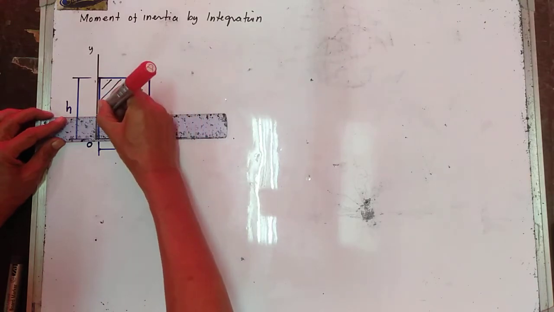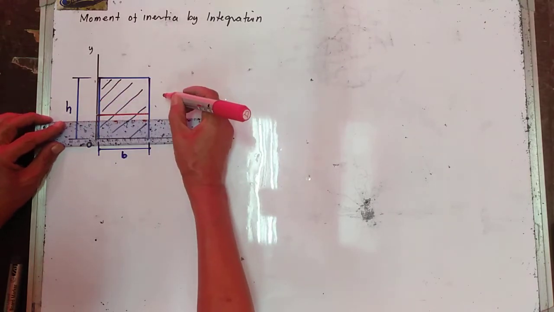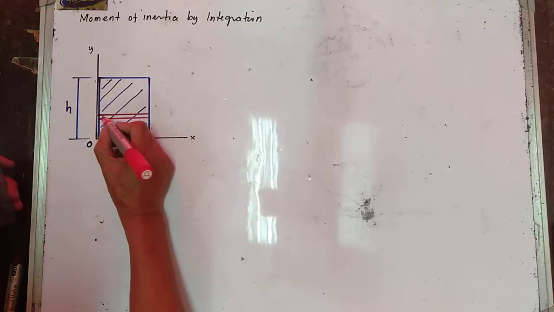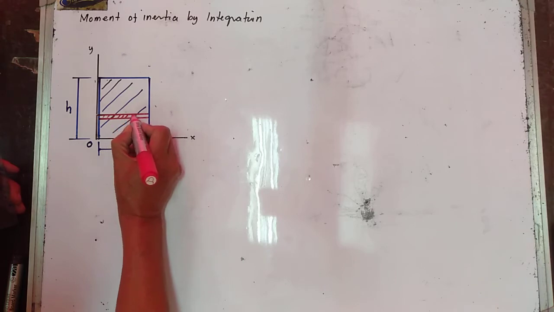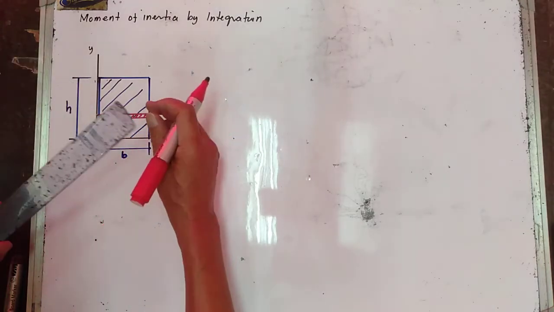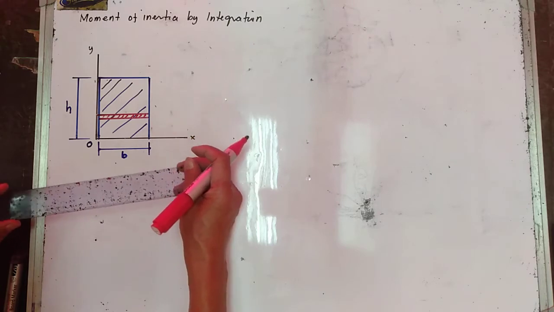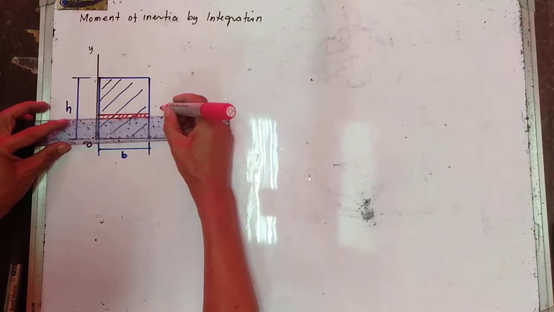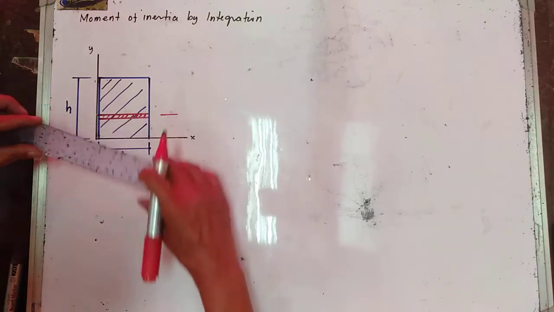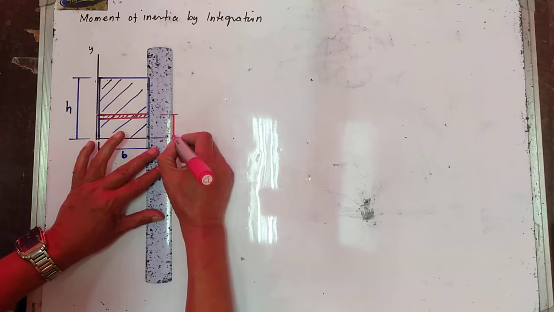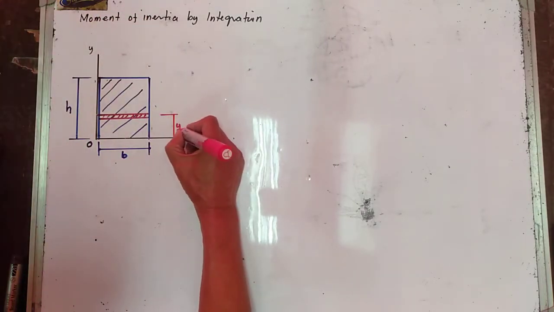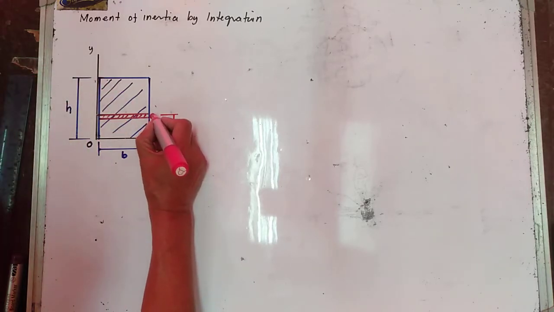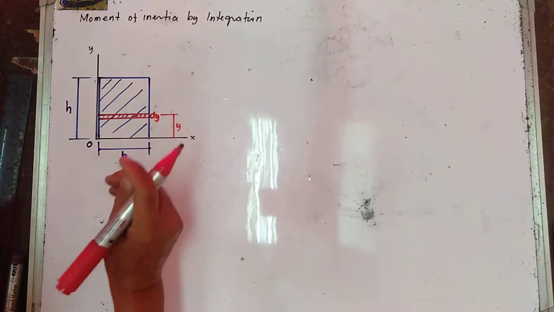This is the differential strip that we are going to consider, such that the distance of this differential strip to the x-axis is equal to y. And therefore, the height of this differential strip taken is dy.